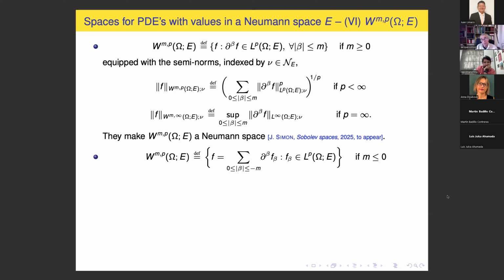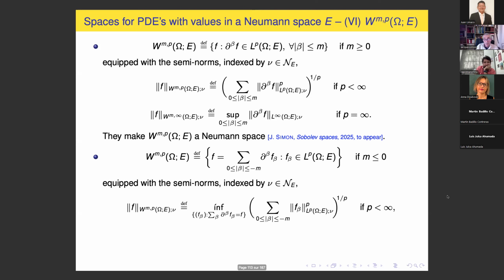And if we consider negative m, f is the sum of derivatives of some Lp functions.